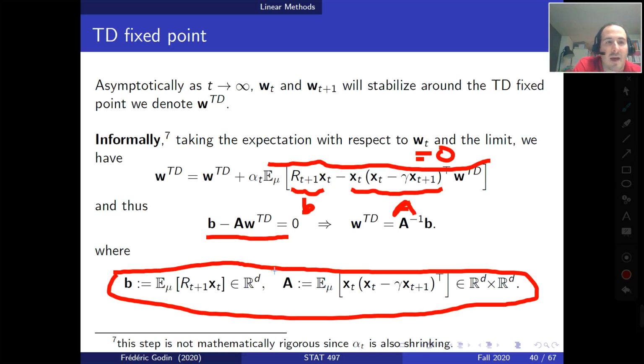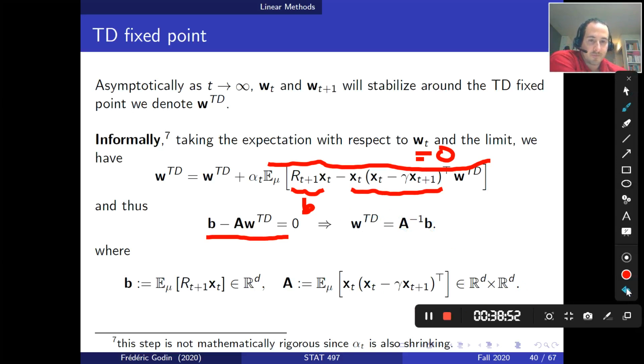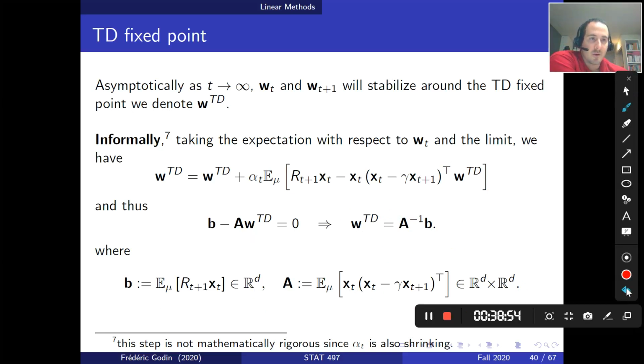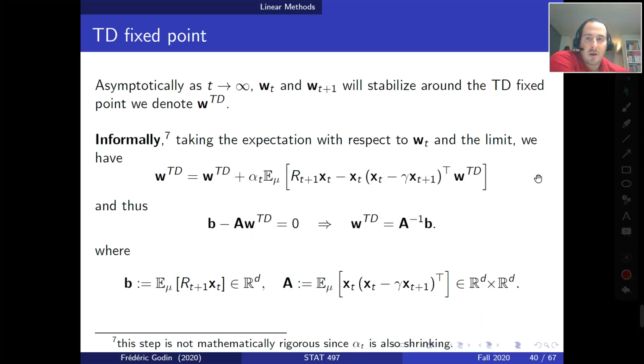Okay, so we know that when we use semi-gradient approaches with a linear approximation of the value function, then the parameters will converge asymptotically, not to the global optimum, but instead to a TD fixed point, and the TD fixed point has this expression here, where matrix A and vector B are given here. Okay, so this is interesting.